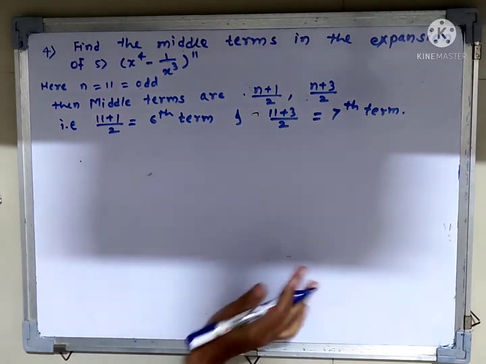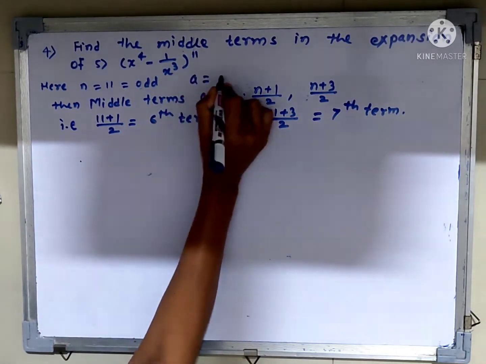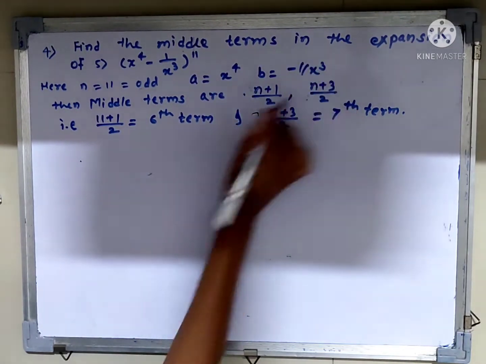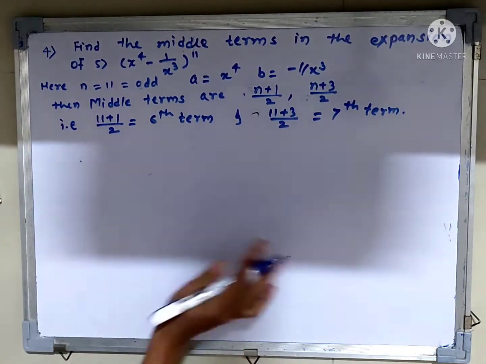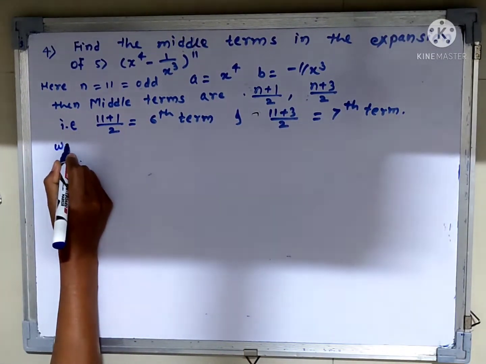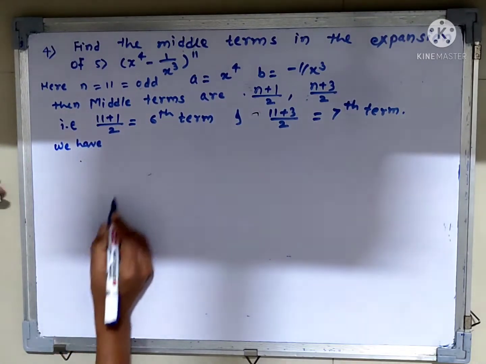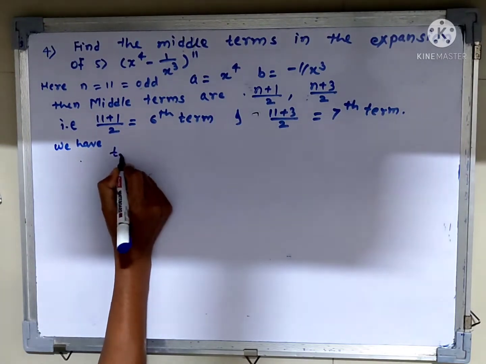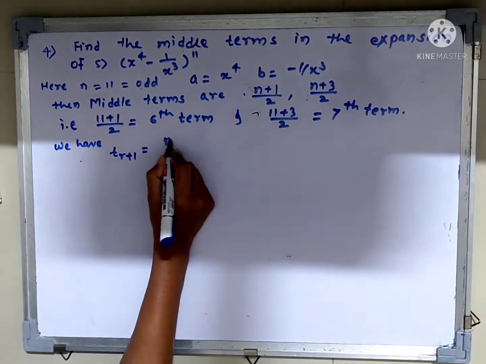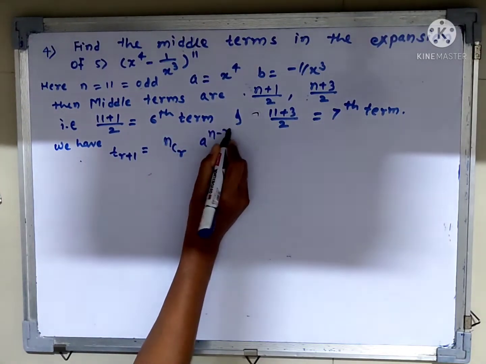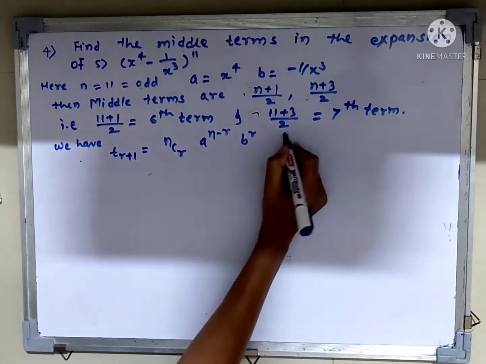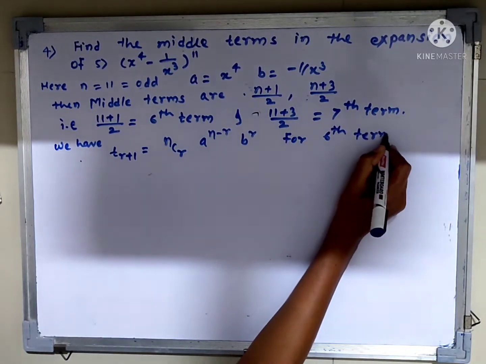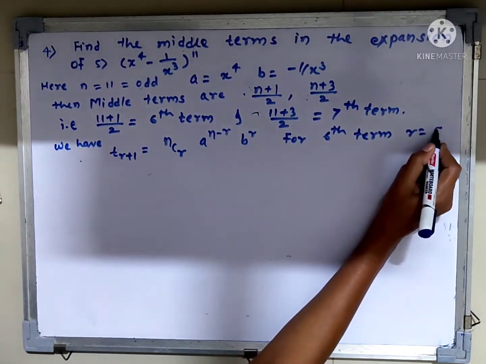Now we have to write a is equal to x raised to 4, b is equal to minus 1 upon x cube. We have T(r plus 1) is equal to nCr a raised to n minus r, b raised to r. For the 6th term, r is equal to 5.